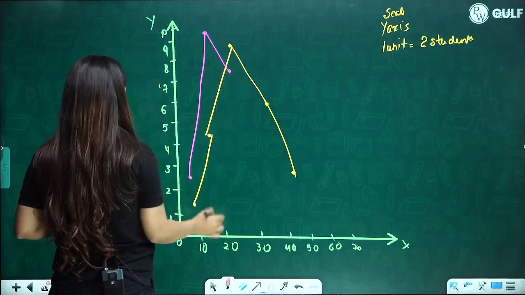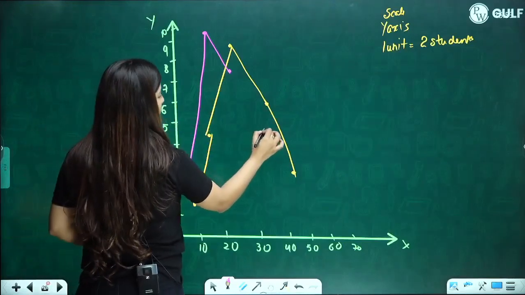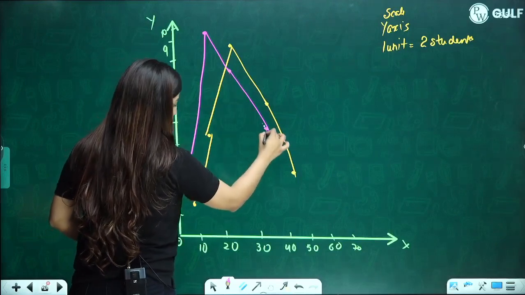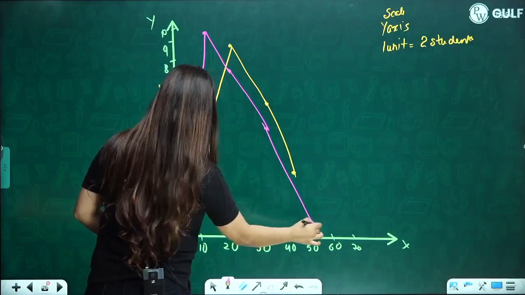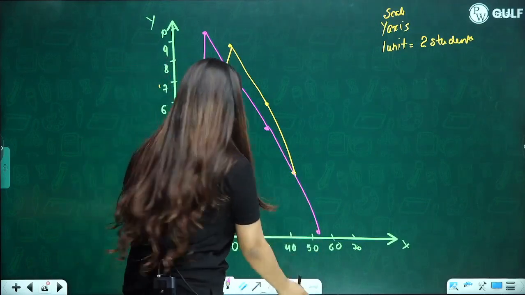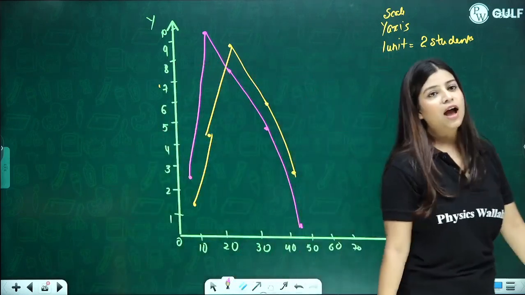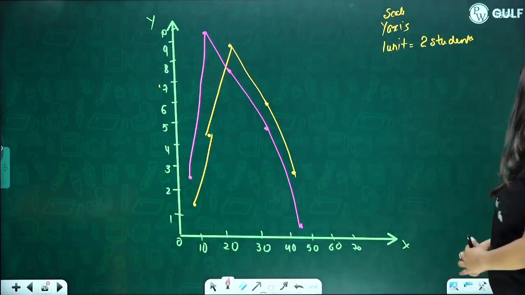After 15 we have 10. 10 will lie at 5, that means over here. And then we have 1, that means very low, over here somewhere. So this is how we plot it. This is how we do it. And in the same graph we can draw 2 frequency polygons.